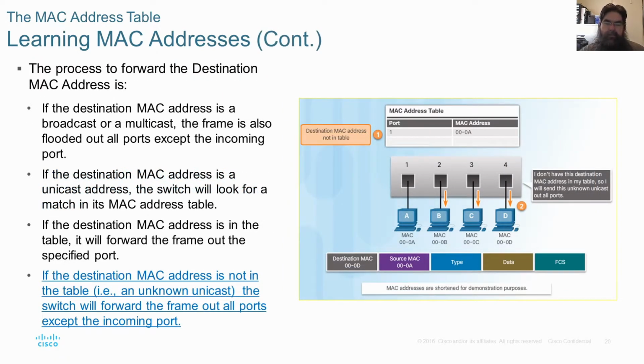What happens when it doesn't know the corresponding destination address? So there's no table entry for the destination MAC address. It needs to forward it out every port except for the port it received it on. And when a reply comes back, it will learn which port that particular MAC address resides on.